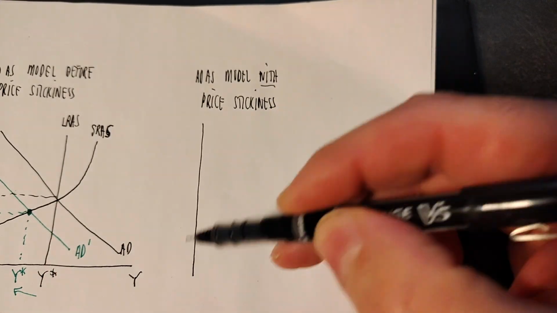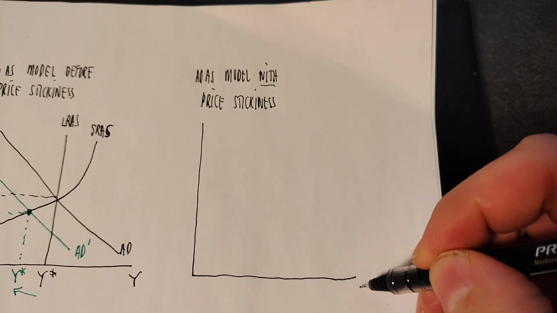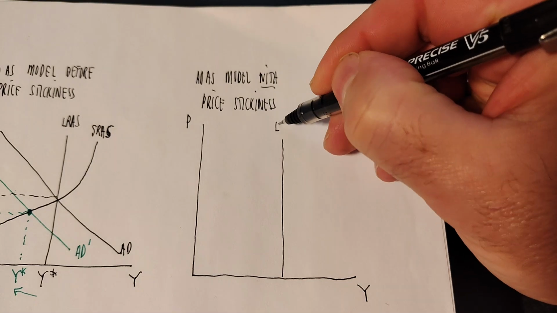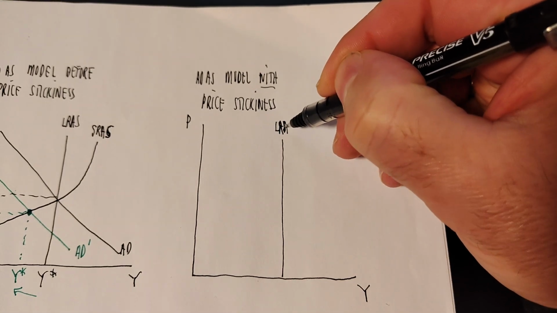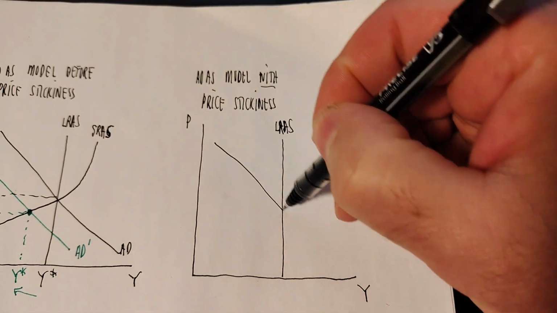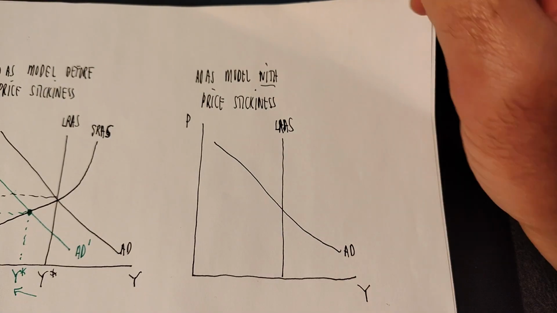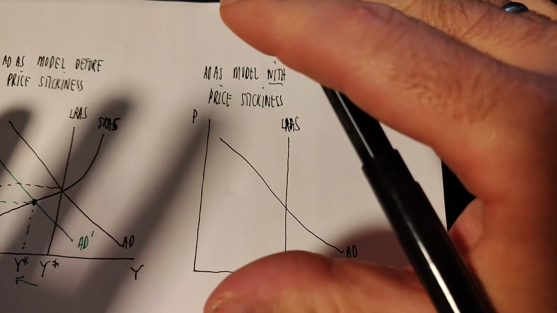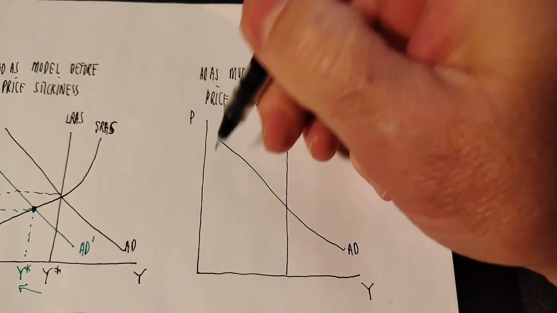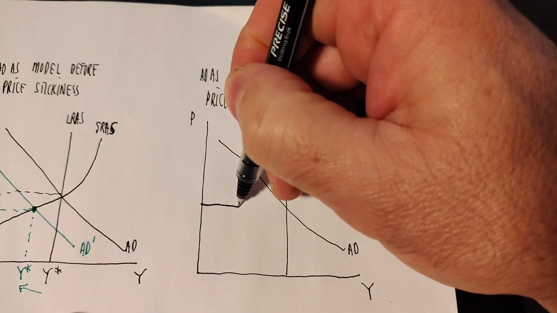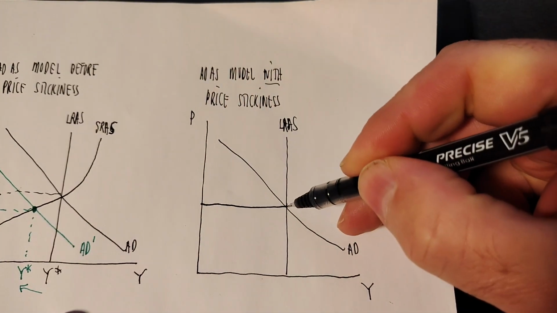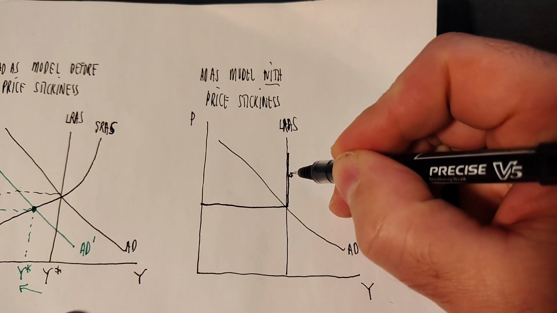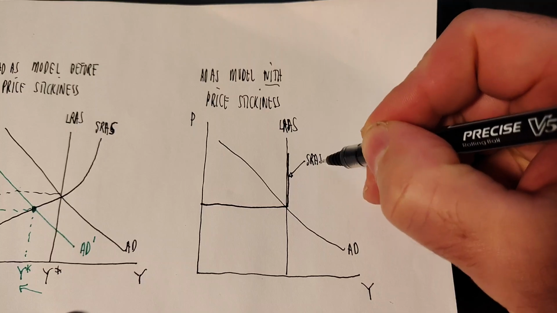Again, let's make our graph here: output, price level, long run aggregate supply curve, and aggregate demand curve. Now we're dealing with the short run with the Keynesian focus, and so the short run aggregate supply curve does this. It moves this way, and then it goes up alongside the long run aggregate supply curve.